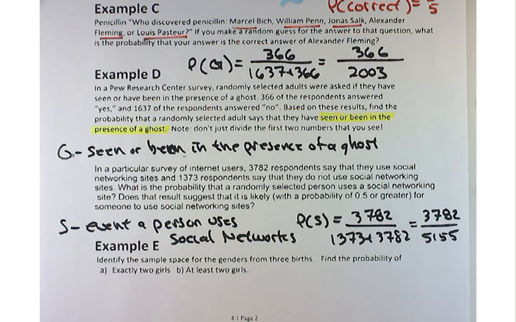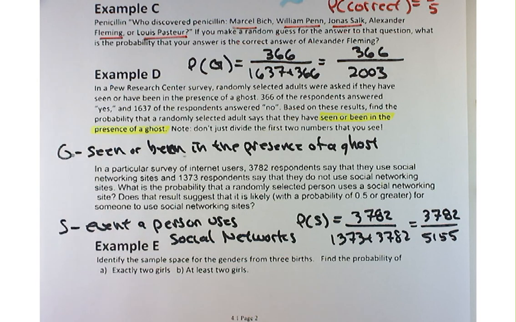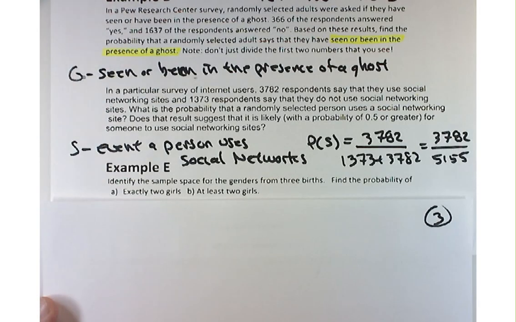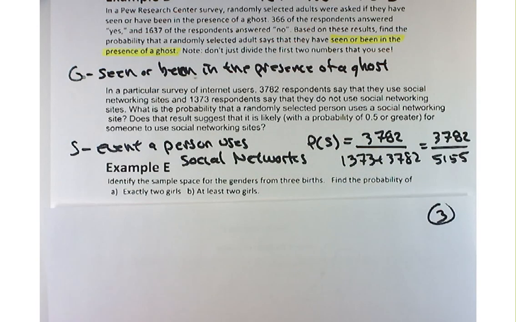It wasn't like a website where people went to and expressed their opinions. It's not a voluntary response kind of thing. You're chosen to be in this as opposed to not. So I'm not worried about the voluntary response aspect of this. This is probably representative of the broader adult population. Are we okay with the second part of example D here?